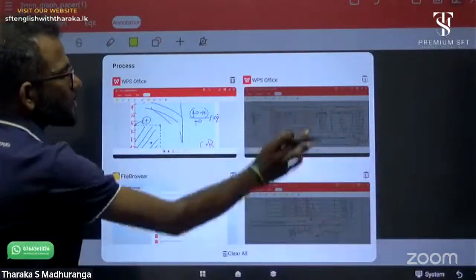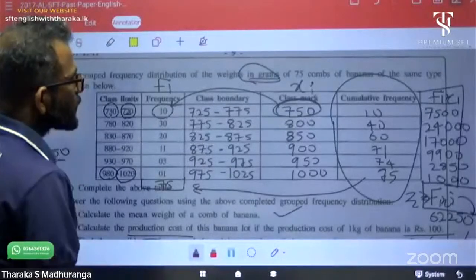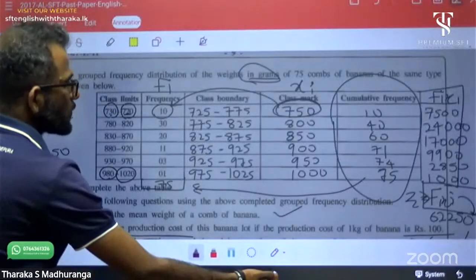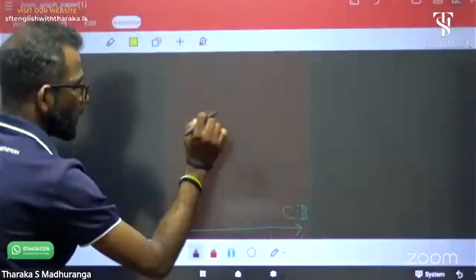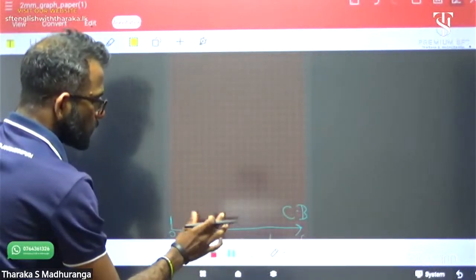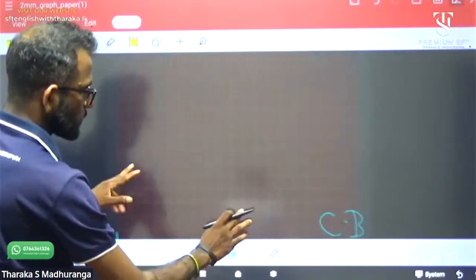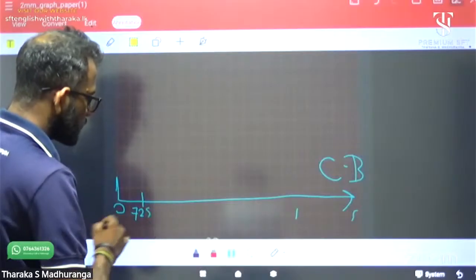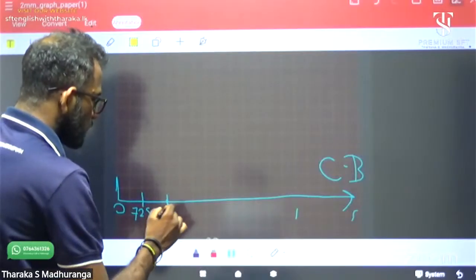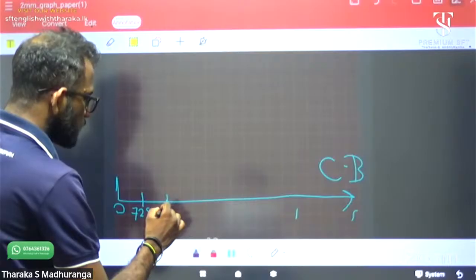Now you have the class boundary column as well, starting from 725, and the next one 775.